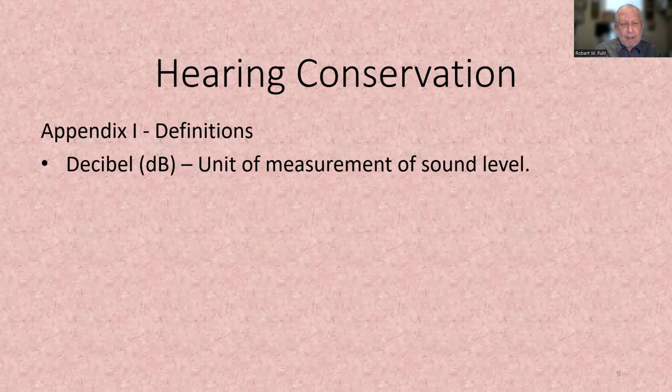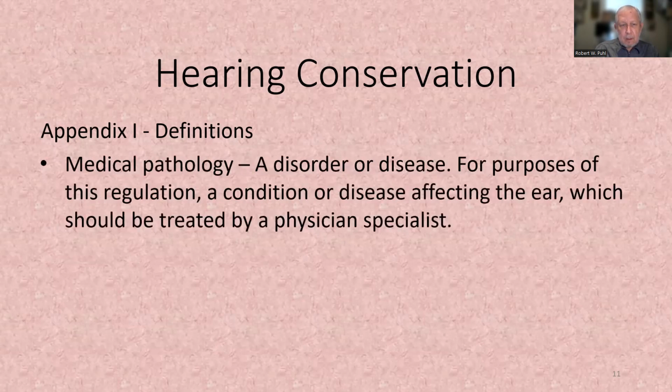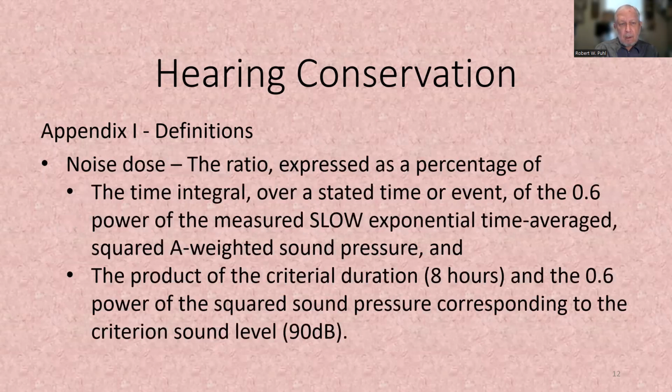A decibel is a unit of measurement of sound level. It's abbreviated small d, capital B. Hertz is a unit of measurement of frequency, numerically equal to cycles per second. Medical pathology is a disorder or disease; for purposes of this regulation, a condition or disease affecting the ear, which should be treated by a physician specialist.